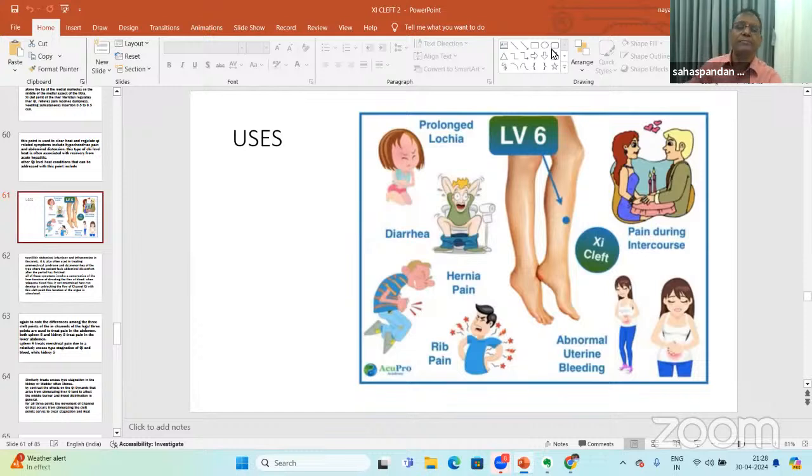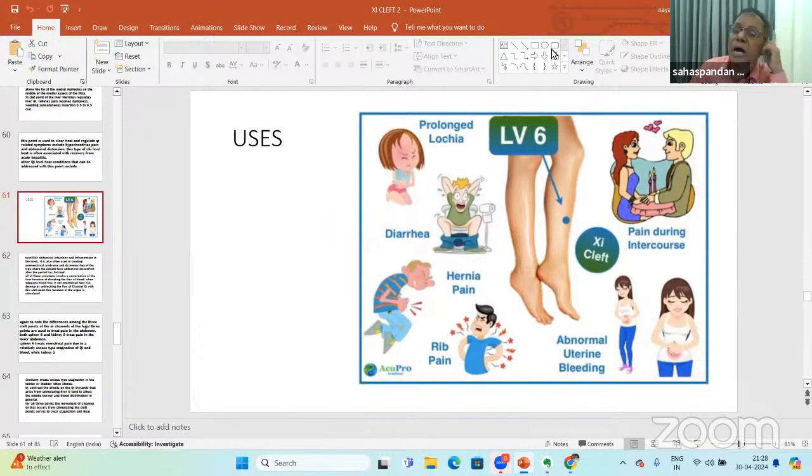Bladder 65. Sorry, gallbladder 35, GB 35. So GB35 is on the lateral part of the lower leg, 7 cun above the tip of the external malleolus, on the posterior border of the fibula.